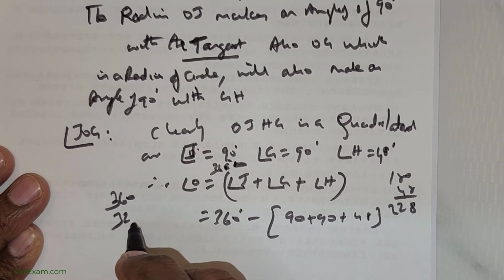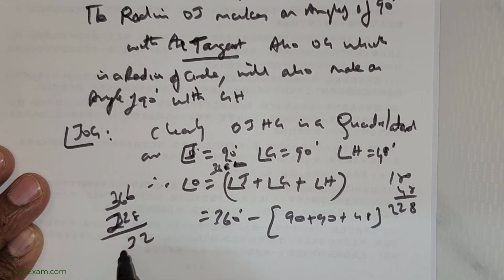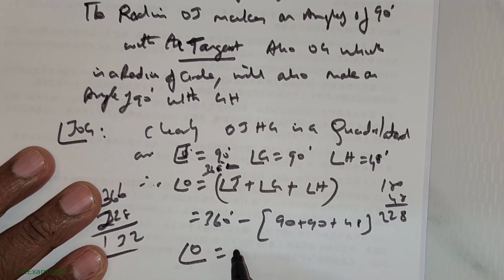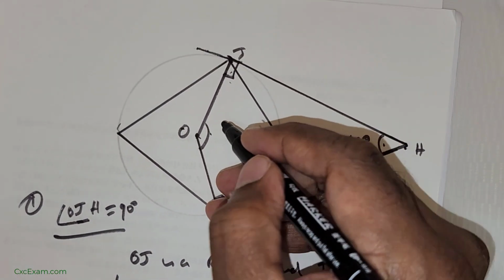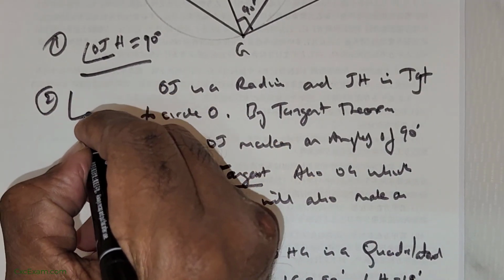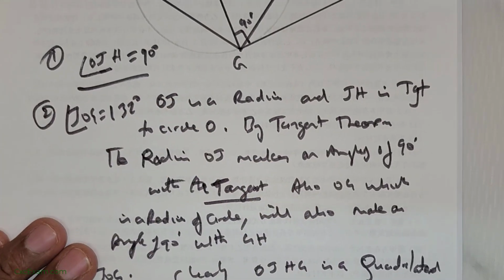From 360 you take 228, you get 132. So angle at O is 132 degrees. So this angle is 132 degrees, and question number 2, JOG is 132 degrees.